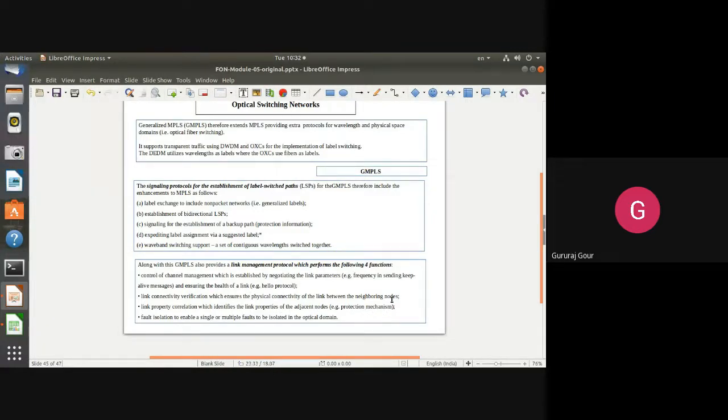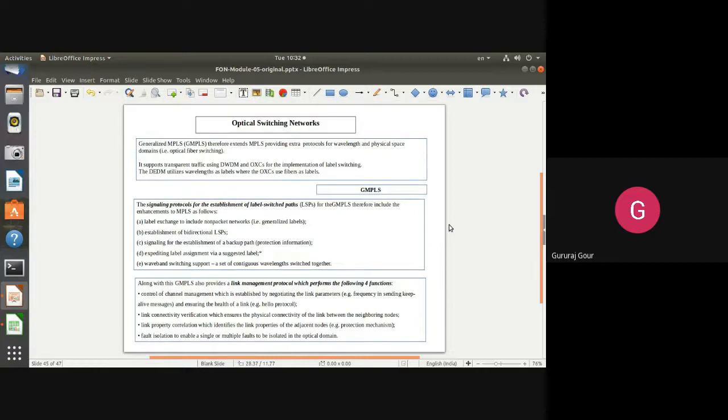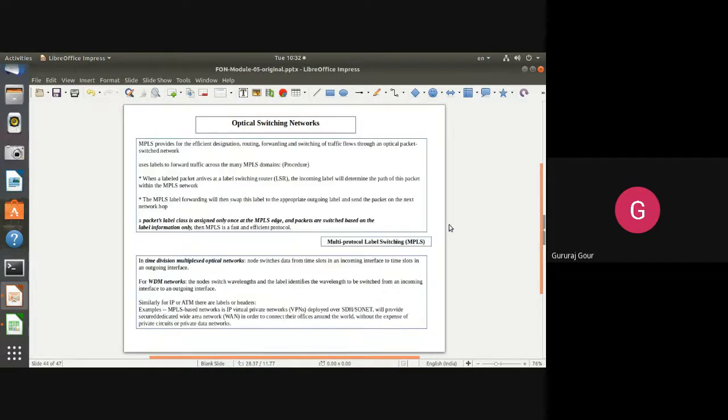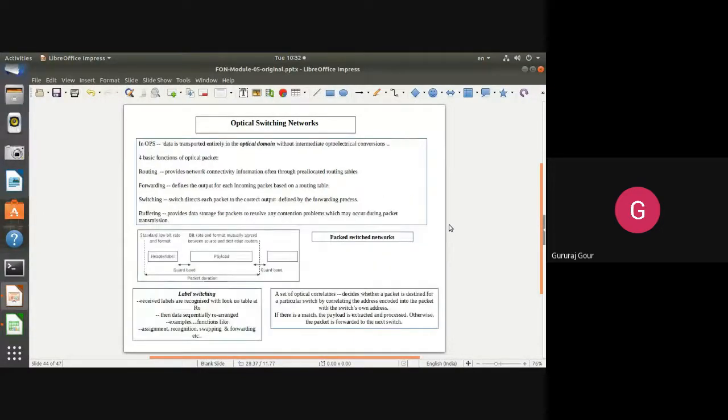That is another way of a protection mechanism. And the last one, very important, is the fault isolation, which allows single or multiple faults to be isolated in the optical domain. So this is about MPLS and GMPLS, which we have discussed as an extension of packet switched networks.